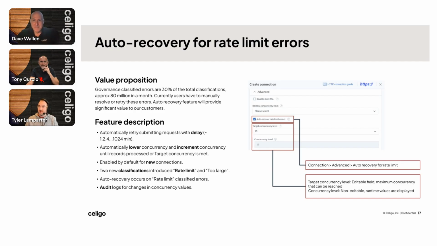we released this a little bit earlier this year, but we have auto recovery for rate limiting errors. So if you go onto your connection, you can actually enable this. By default, whenever you make new connections, this will be auto enabled.